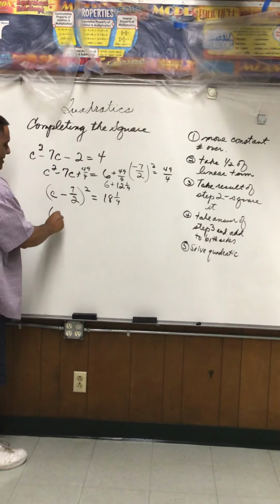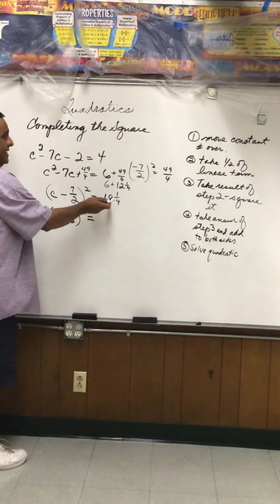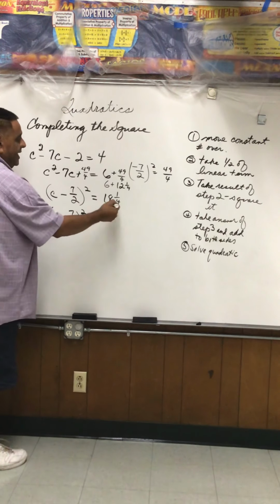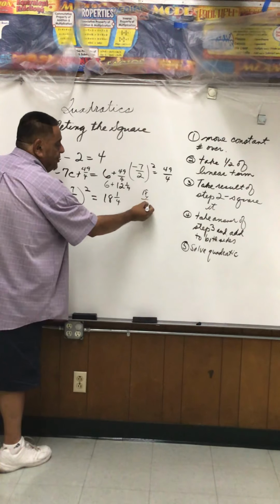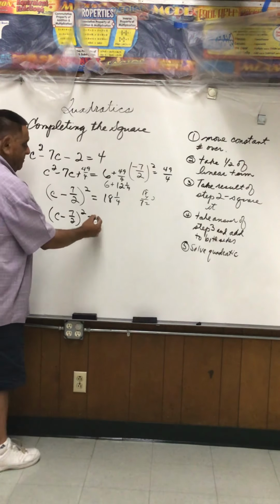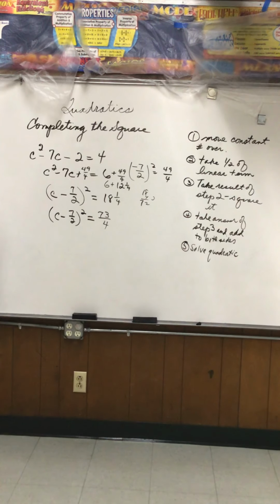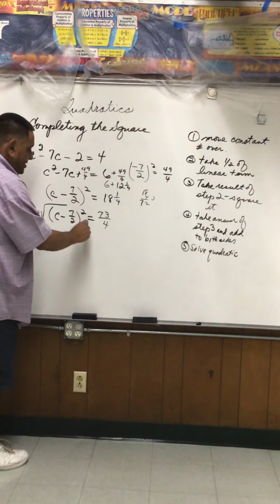So I rewrite that as c minus 7/2 quantity squared is equal to, 18 times 4 is 72, plus 1, so I get 73/4. Okay? Now, we're going to take the square root of both sides.